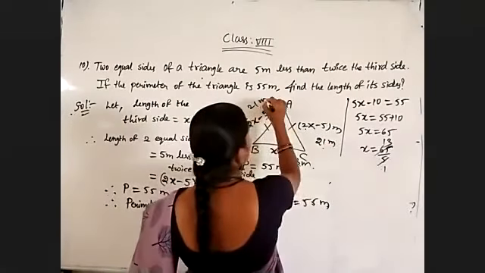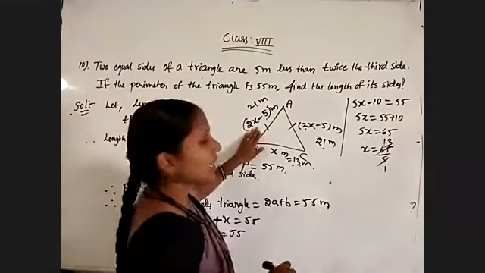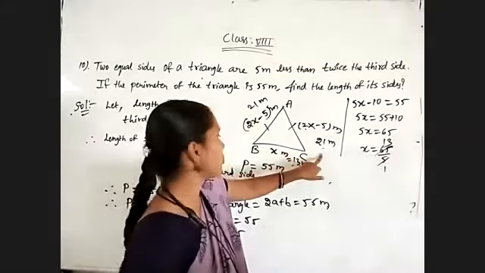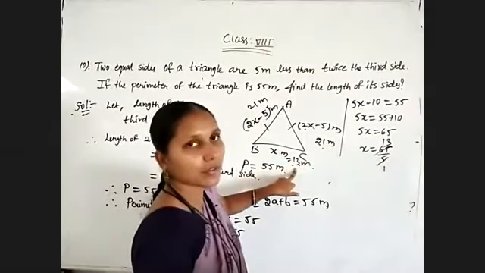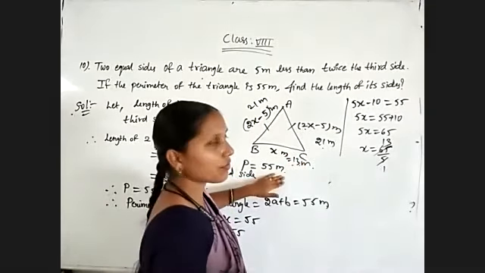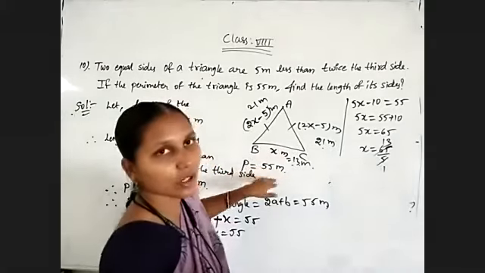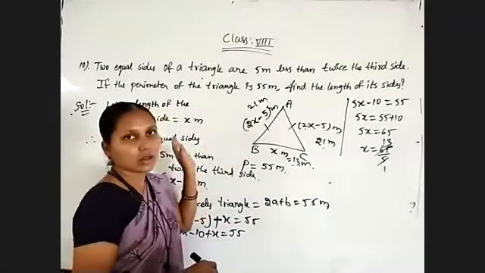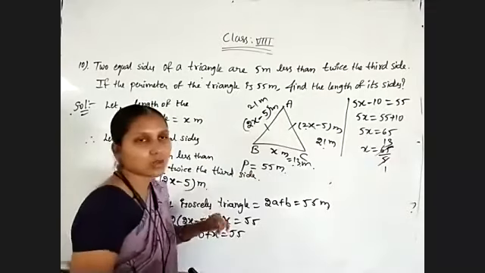Here also 21 meters. 2x minus 5 value is 21. Observe now, 21 plus 21, 42. 42 plus 13 is nothing but 55. So the perimeter of this figure is equal to 55 meters. We got it for the values we found. Okay. So like this we need to simplify.